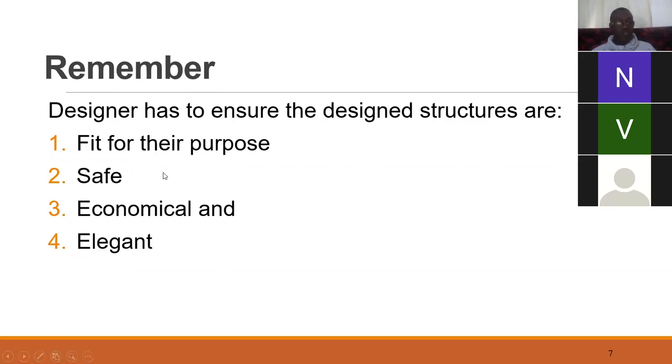That means the structure should fulfill all required purposes and provide sufficient comfort to the users. However, we have to ensure that the structure is safe to users. How? This is about strength requirements. Then we have to consider the economy. We say your structure has to be within the budget. And then it is about beauty.